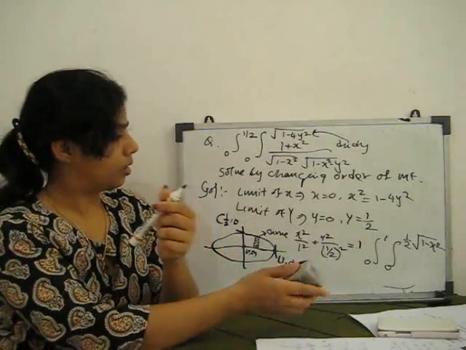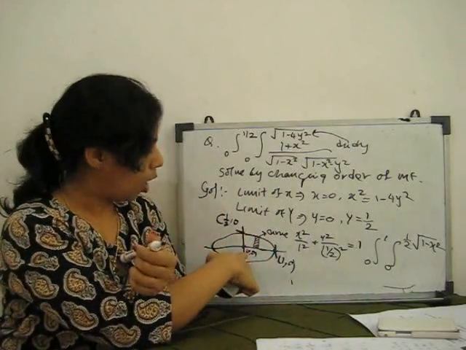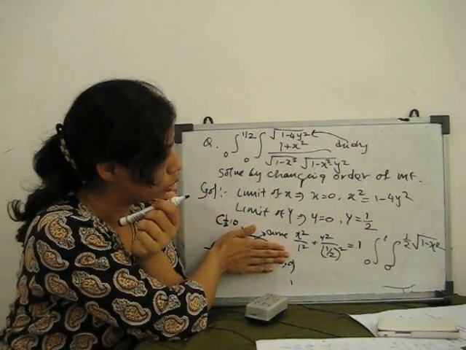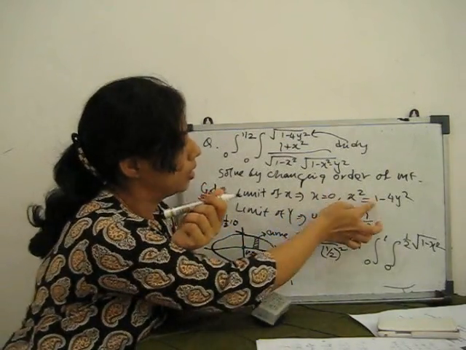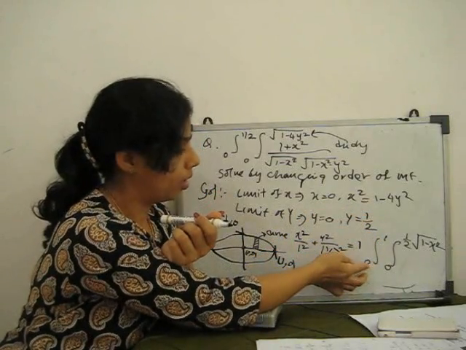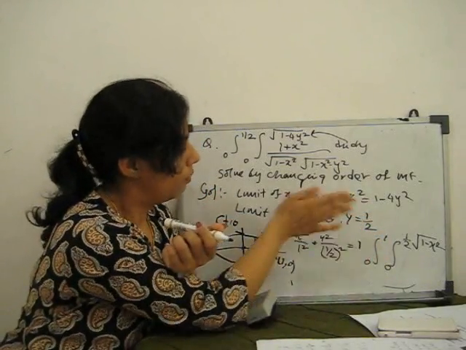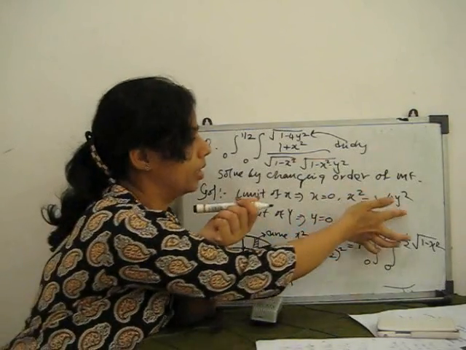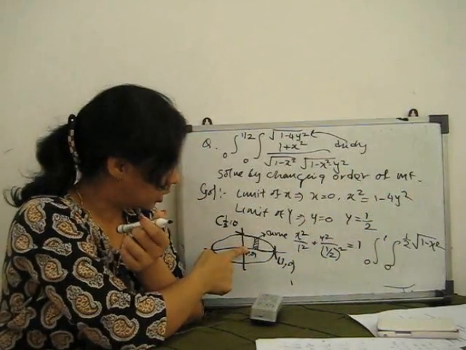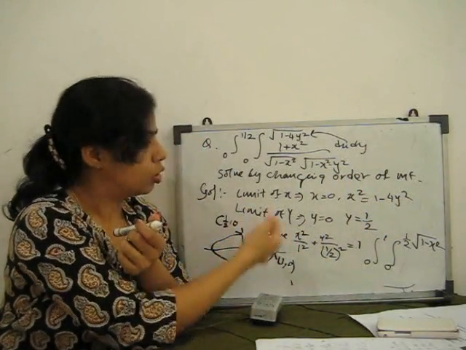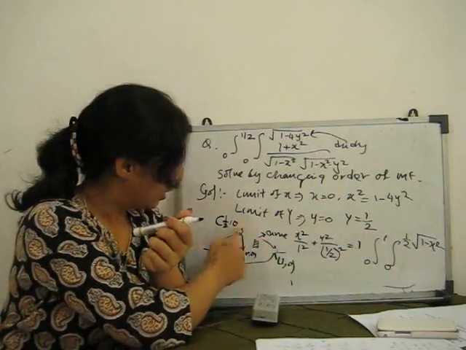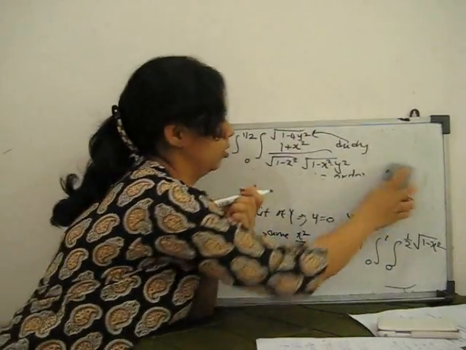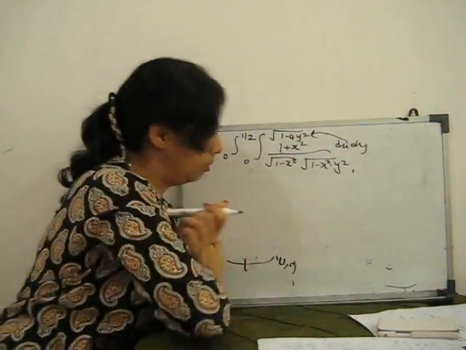I can rewrite this. Do you understand? This is how we change, just we plot, or we can also check without plotting. When we put this, x varies from 0 to 1. So our limit is x from 0 to 1. Lower limit of y is equal to 0. So lower limit is always 0. Upper limit is given by this curve. So this line is y is equal to 0 line and this curve is that curve. So now we convert our limit 0 to 1.